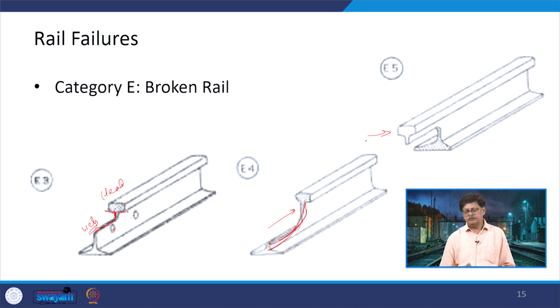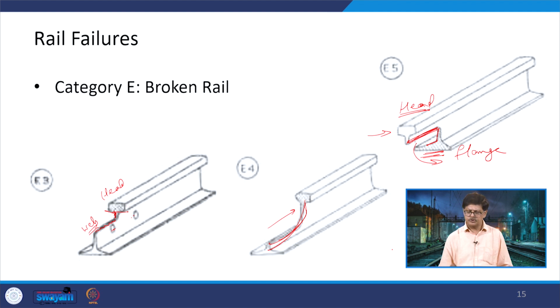Another, E5: in the case of E5, nothing has happened to the head section. If you look from the top, it looks very good, but if you see from the side, the failure started in the flange area, and from there it propagated to the web area, and finally this much portion has broken down and got detached.